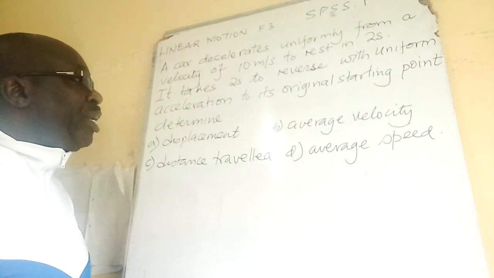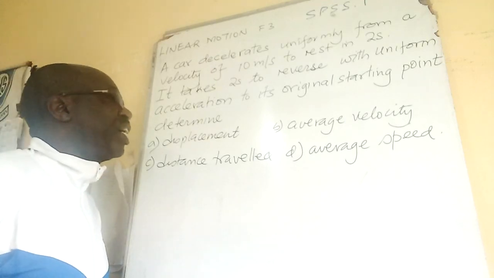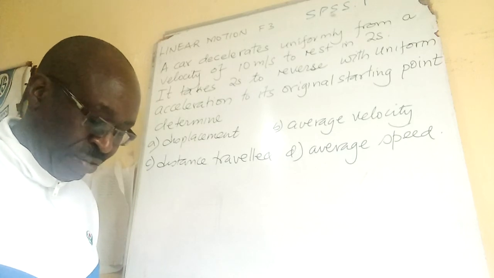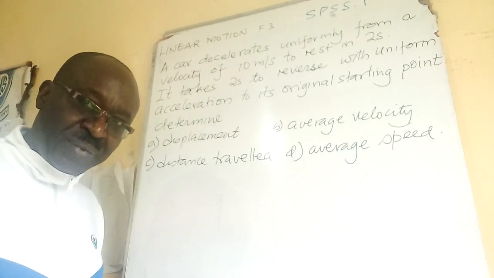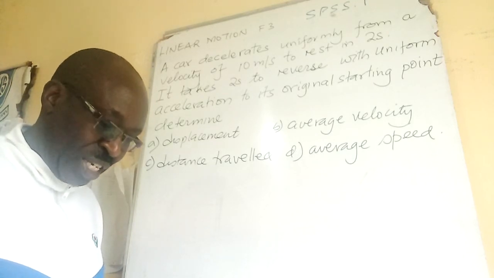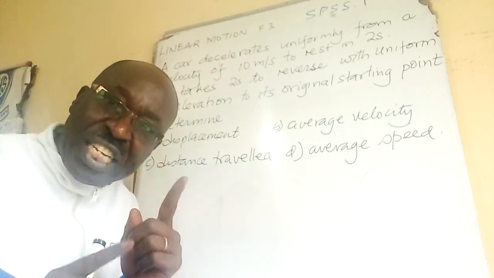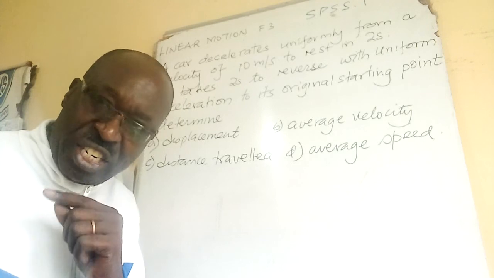Then B, we are told average velocity. Now I want you to get it very clearly. Velocity is a vector quantity.